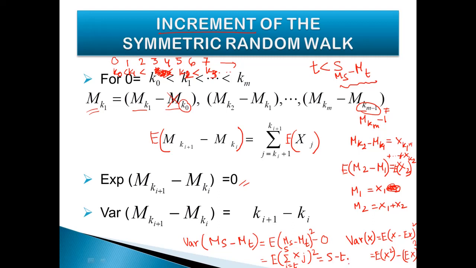Once you have this, if you consider now the s is actually k_{i+1} and the t is actually k_i, you just change the s and t, you will get k_{i+1} minus k_i. Okay, so that's the formula for the variance of the increment and the expectation of the increment for a symmetric random walk. Always remember we are dealing with symmetric, so it's the case p equals q.